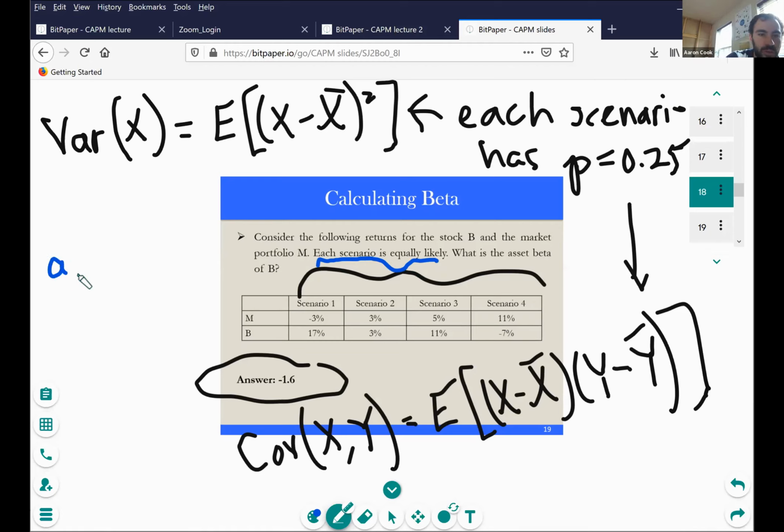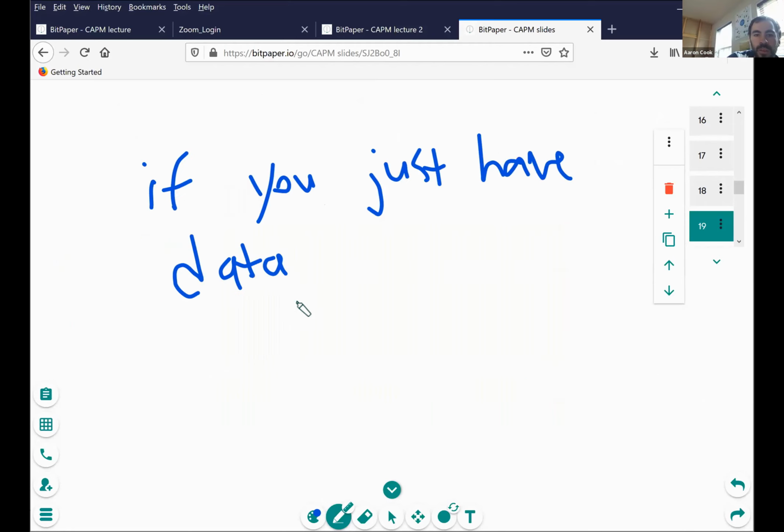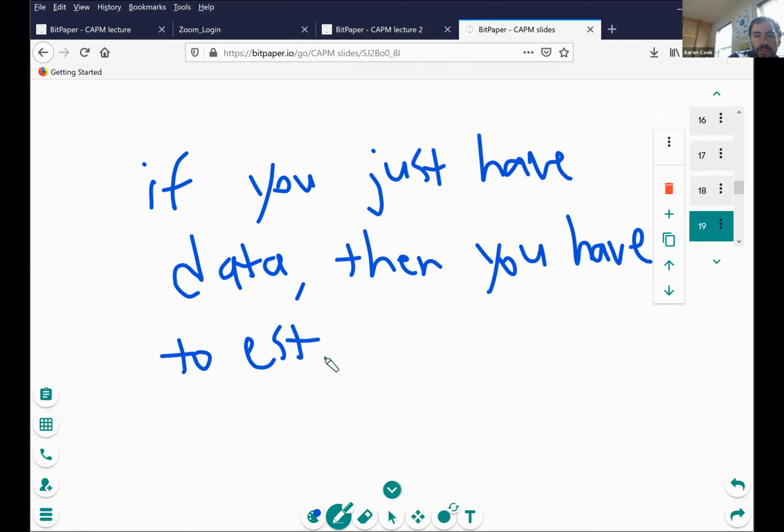In that case, we assumed that we knew P. If you're just given data on past returns, you don't actually know P exactly, but instead, if you just have data, then you have to estimate P. You have to estimate how likely it is, how frequently different returns happen.